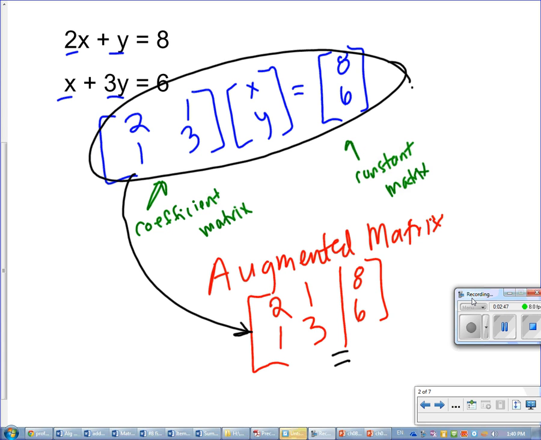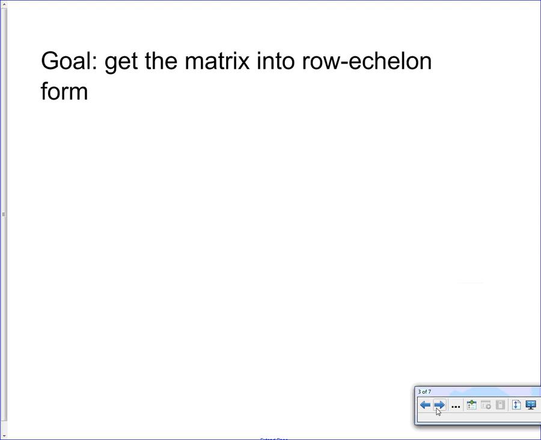And with this augmented matrix, we're going to use a technique called Gaussian elimination to basically eliminate all these extra numbers, and an answer is going to fall out of this matrix. So the goal in Gaussian elimination is to get the matrix into what is called row echelon form. And you might also see this abbreviated REF, row echelon form.